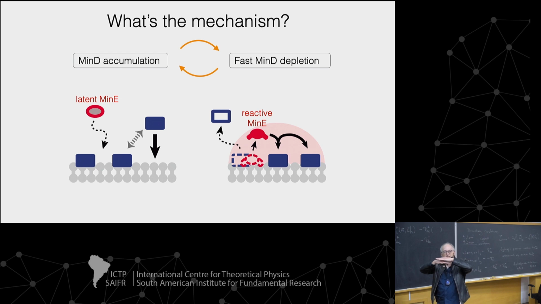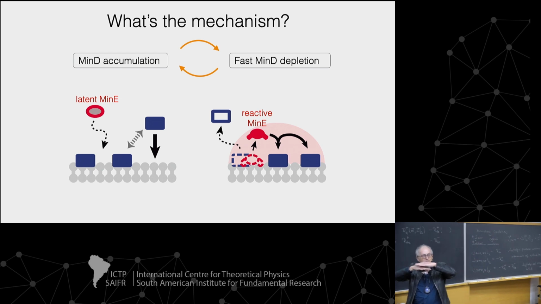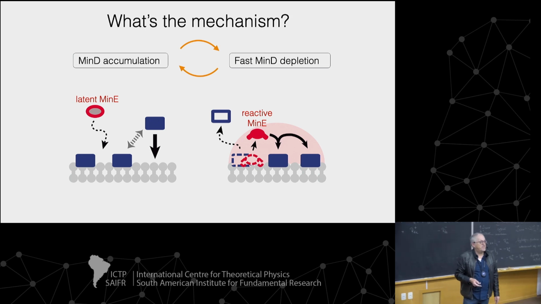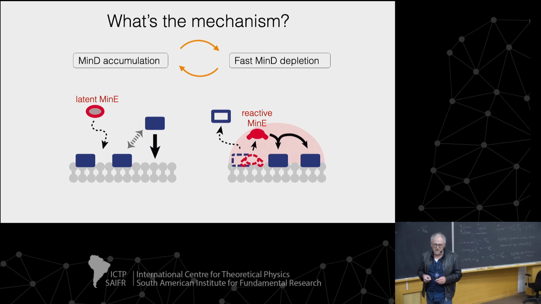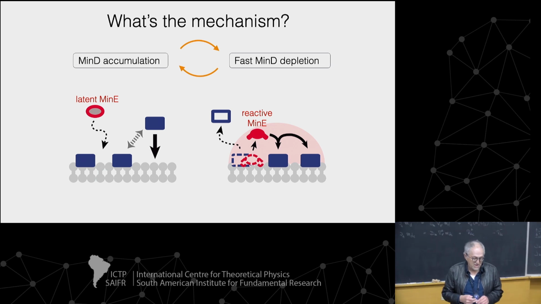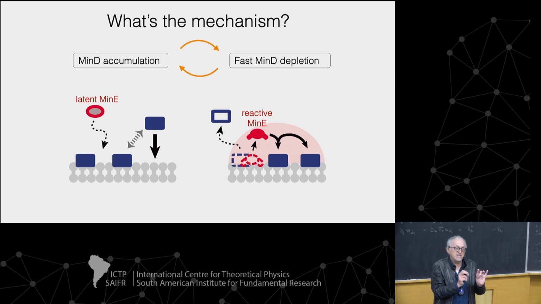So this is a spatially restricted cloud of reactive MinE proteins right in the vicinity of the membrane, and those then are able to kick off the MinD proteins. And that's why, despite the fact that you have a fast reaction, because it's spatially localized, you can have a pattern-forming system in that case. That's the hand-waving explanation.